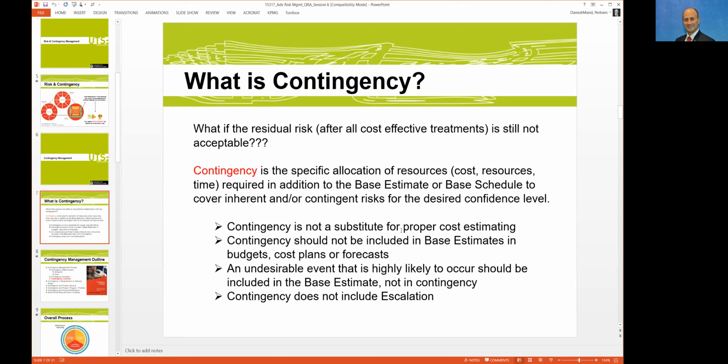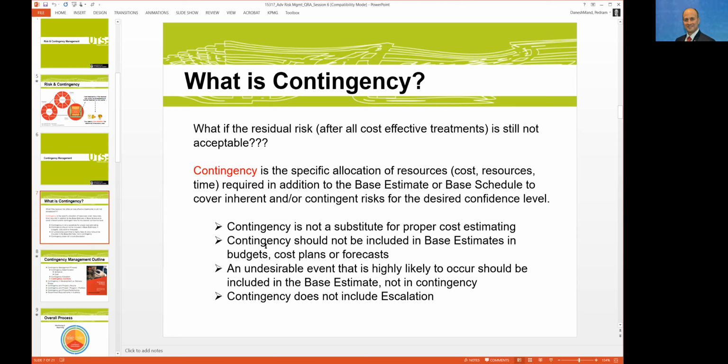It's exactly the same for the schedule. You need to aim to develop the most likely, most credible scenario for the base schedule and base estimate before you start to have a conversation about contingency. The second one is that the contingency should not be included in the base estimate in the budget.